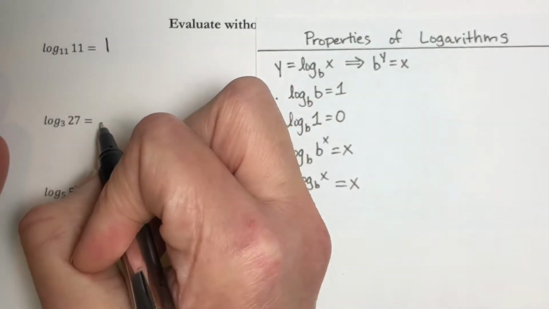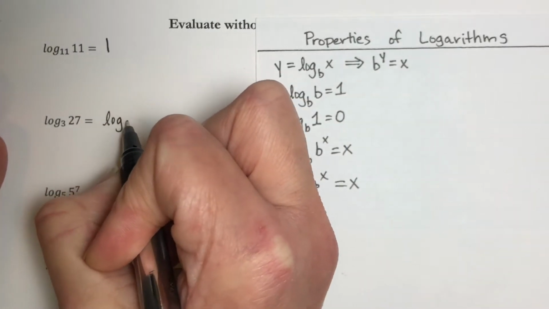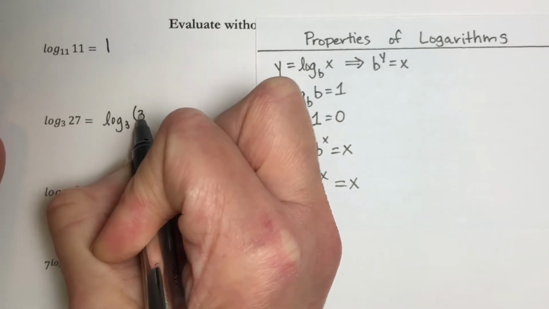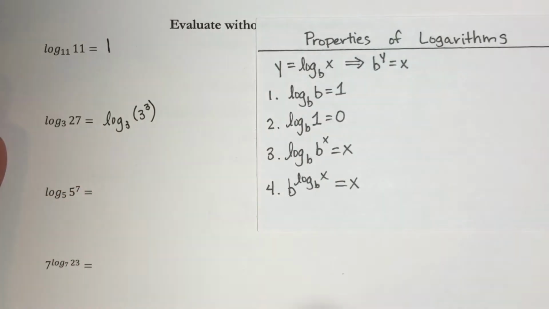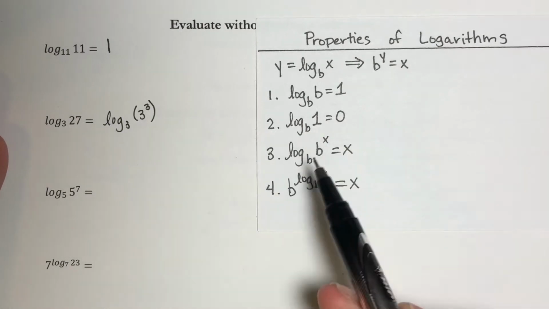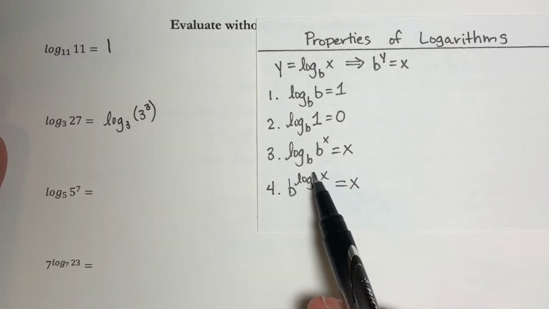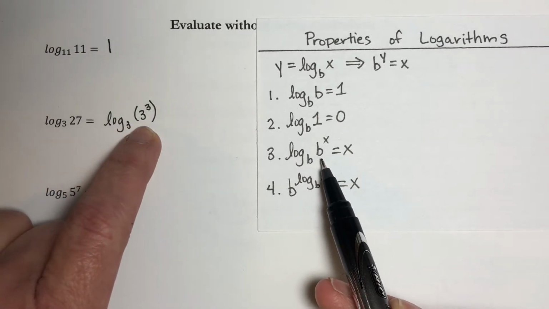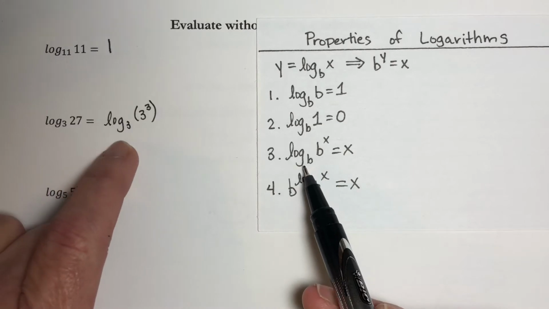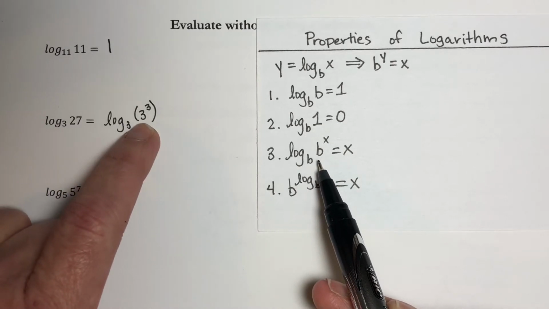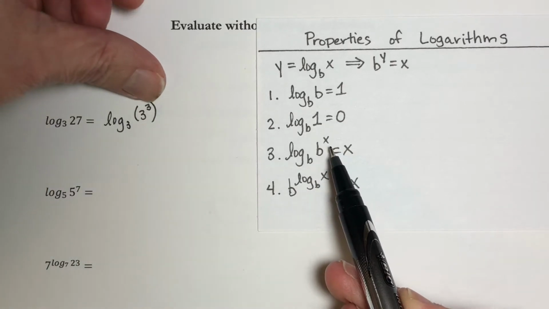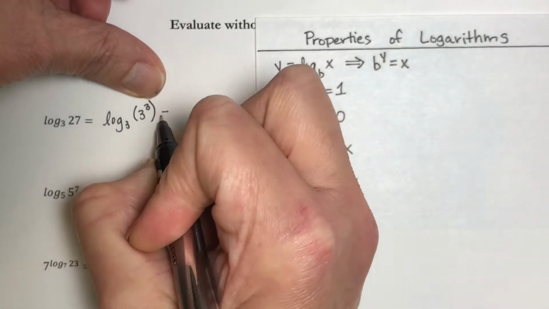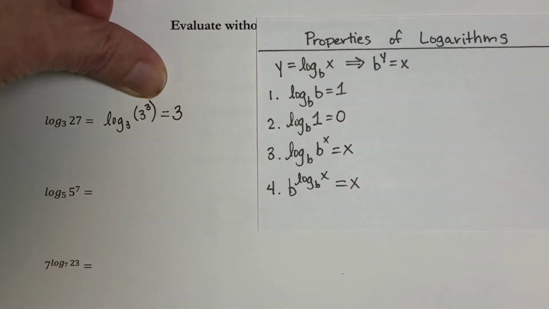So I'm just going to rewrite this right now. I have log base 3 of 3 to the 3rd power. Now I have something that is in this form. My base and the base of my argument are the same. And this property says that if this and this are the same, then your answer is the exponent of the argument. So this answer would simply be 3.